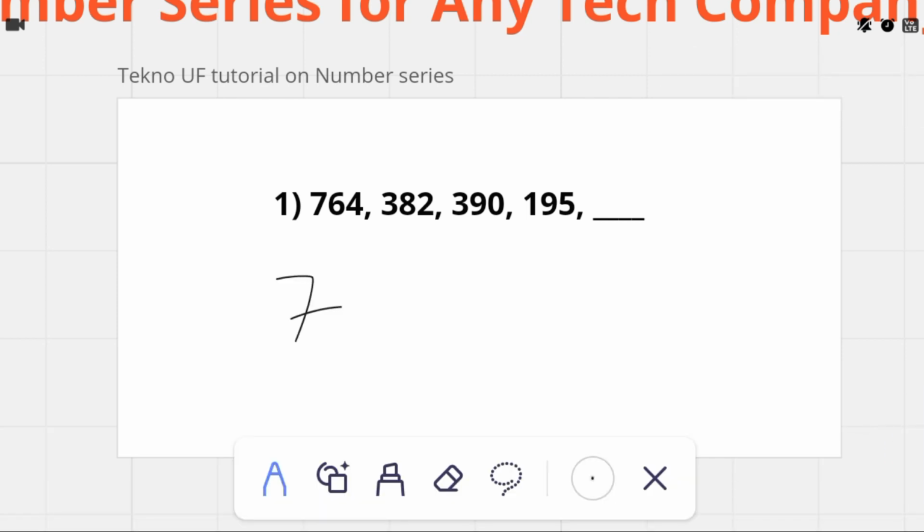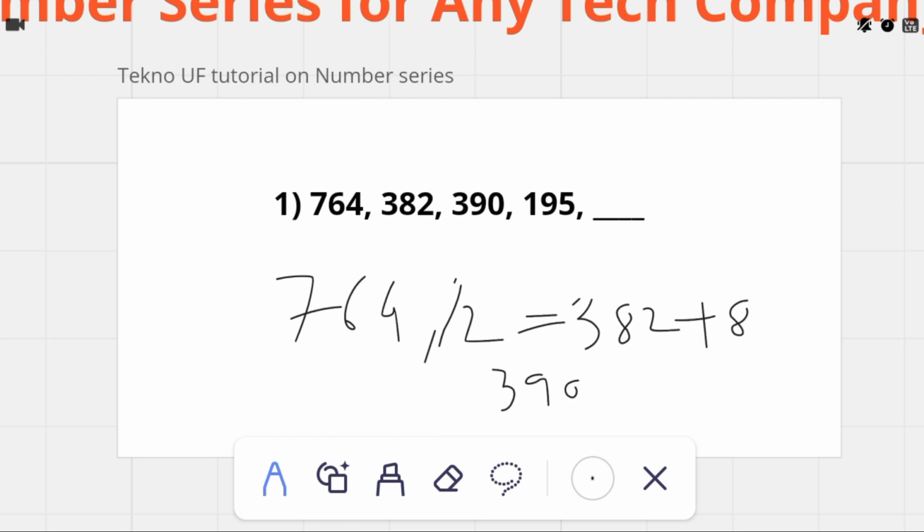that is 764. If you divide this by 2, then this will be 382. Okay, and if you just add 8, then you will get 390. And again with 390, if you just divide by 2, then you will get 195.